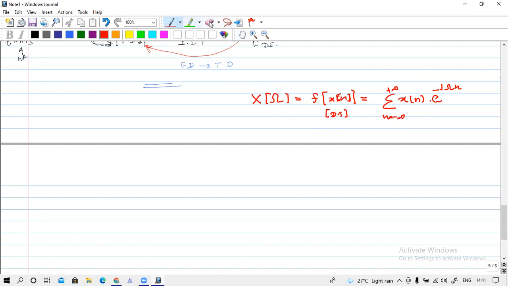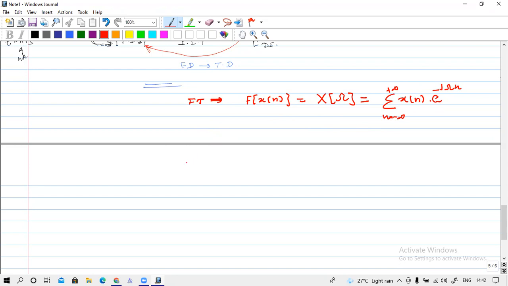If I write this the right way, I think it is more understandable. If we get the Fourier transform of this time domain signal x[n], we will have the frequency domain signal, that is capital X(ω). So this is the identity for Fourier transform.